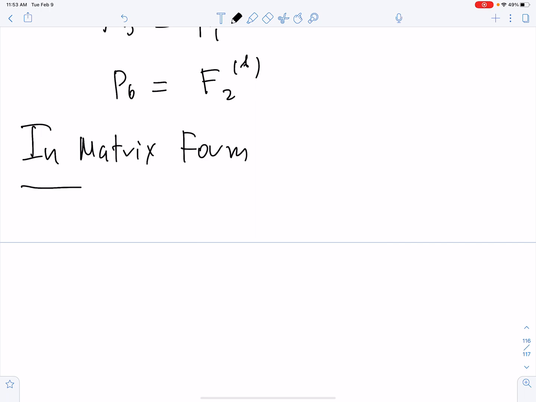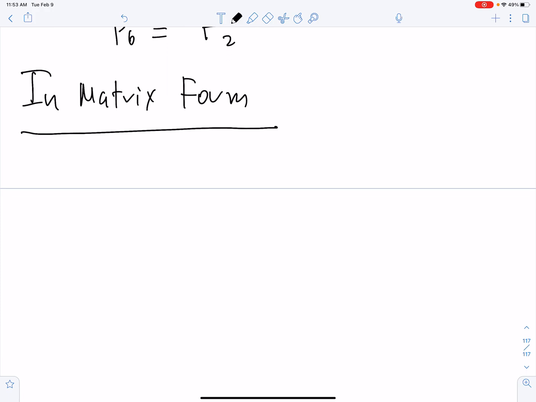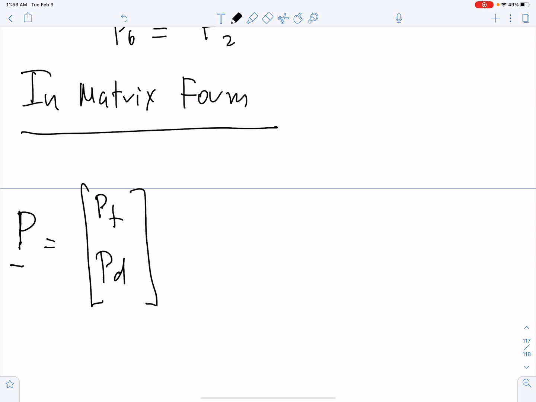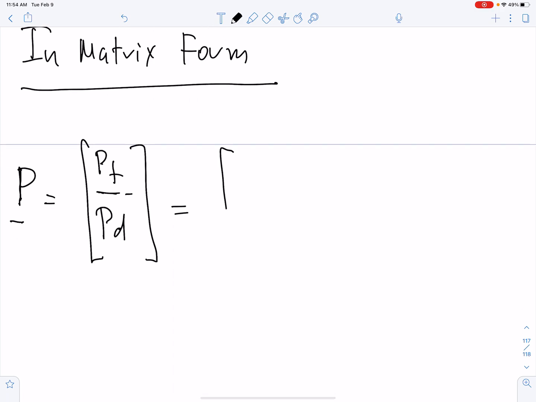So you're starting to see the pattern in this course, where P is decomposed into PF and PD: P1, P2, P3, P4, P5, and P6, like this.